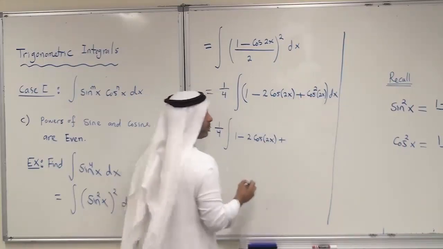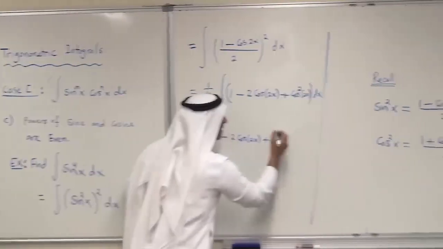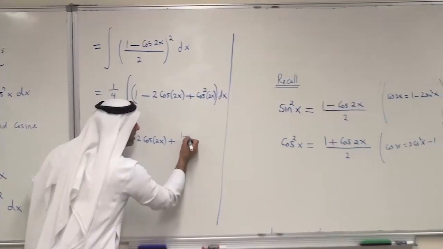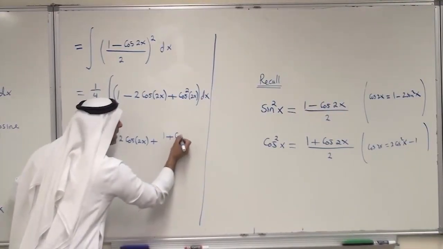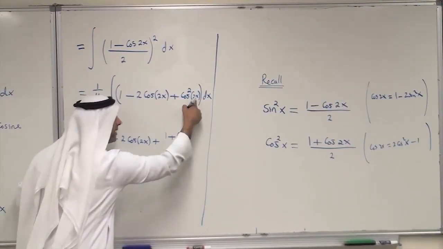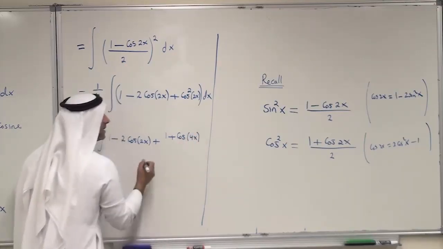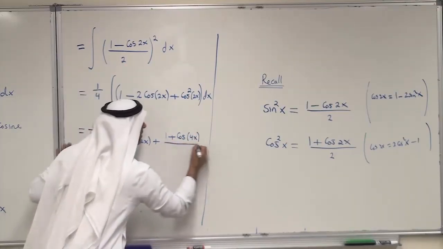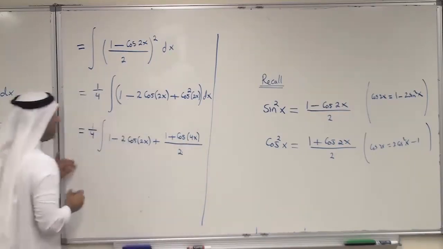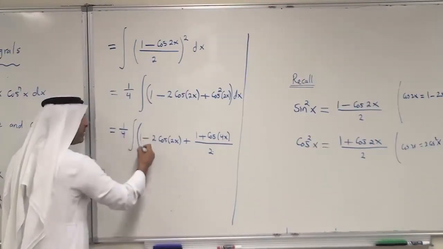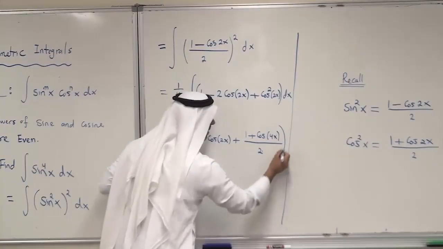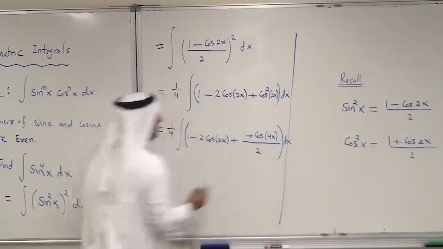Cosine squared. Using the identity we have, it is 1 plus cosine, now double angle. I have 2x here, so this will be 4x, twice 2x, all divided by 2. And I don't forget that everything here inside the integral will be integrated with respect to x.